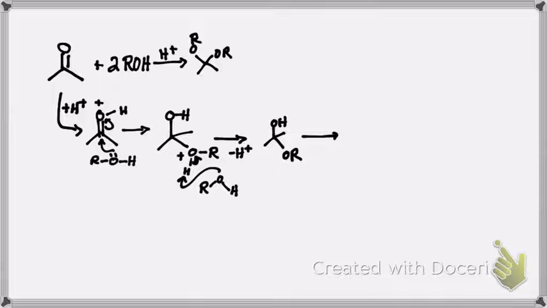So this is going to be a plus H plus. And the way that works is that the protonated alcohol you had is going to grab one of the hydrogens off, and now it's ready to leave.